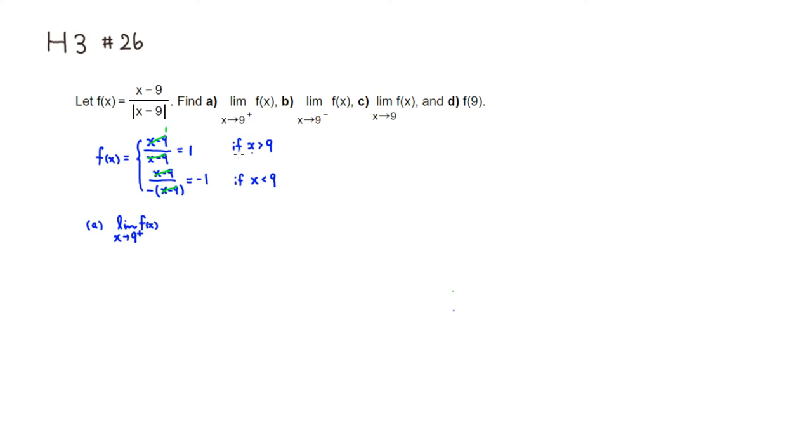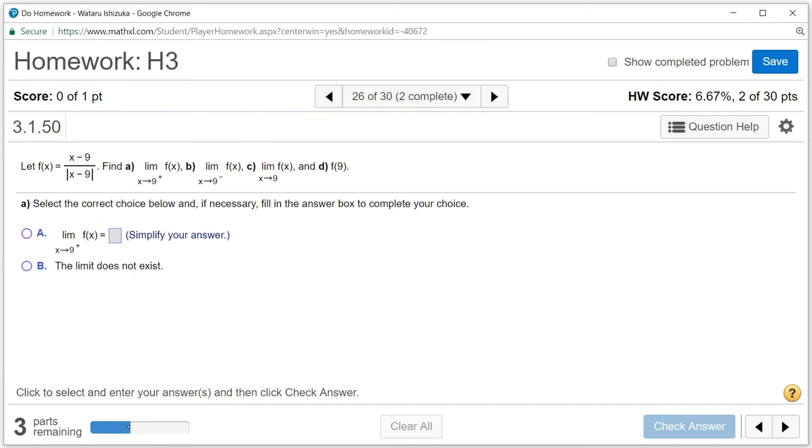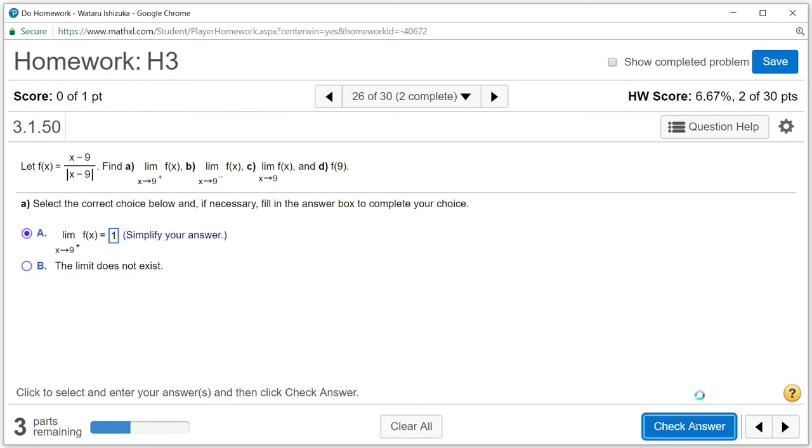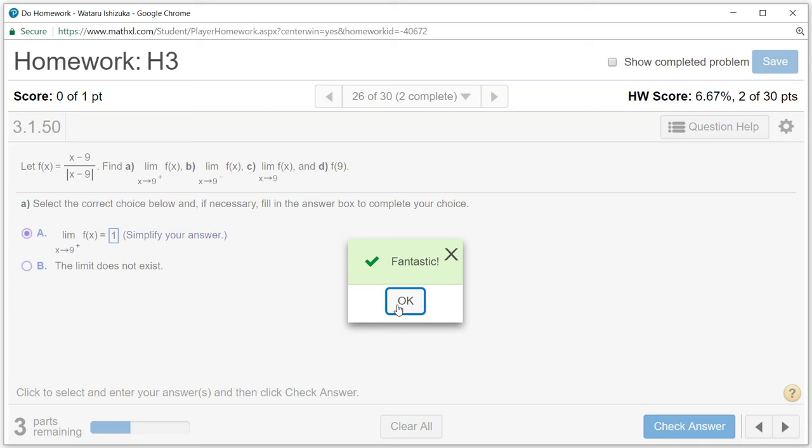So we are looking at the top one, which belongs to the first function. So this is really the limit of 1 as x approaches 9. The limit of 1 is 1. Let's type it in. The limit is 1 there. Check the answer. We got that.